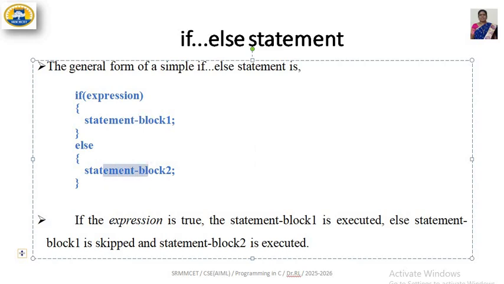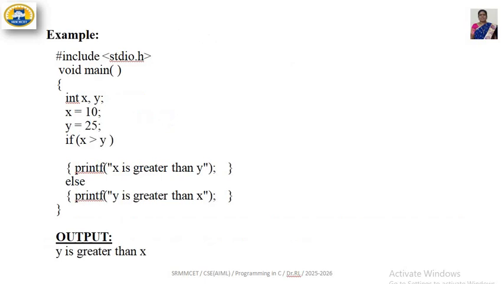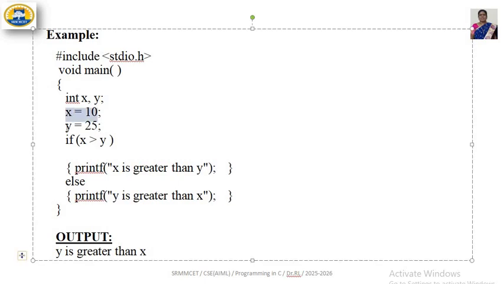A simple example for that: identify the greatest number from x and y. Here x is equal to 10 and y is equal to 25. First the condition is checked: if x greater than y. If it is true, the statement printf x is greater than y is executed.